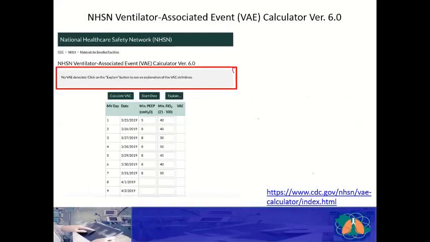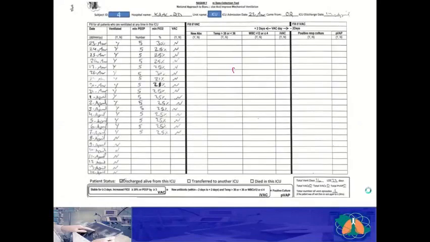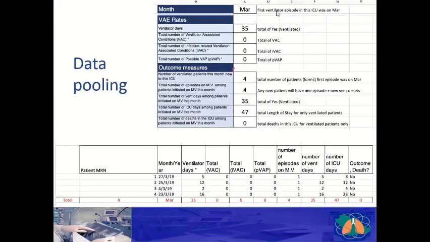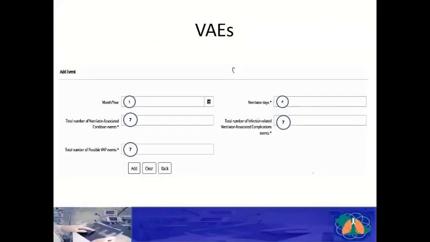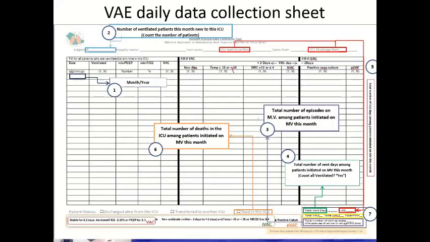And this is how we validate it, by going to the CDC VAE calculator. So again, we took all of the episodes and all of the numbers and we summarized them here. And this is how it was entered into the database.